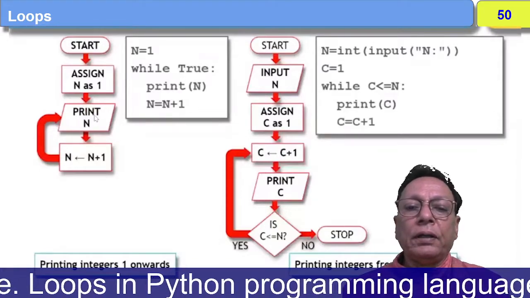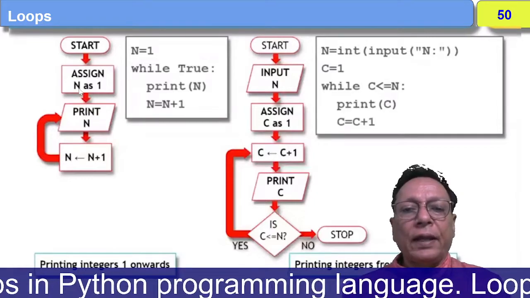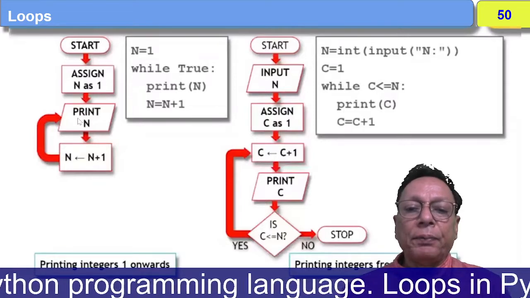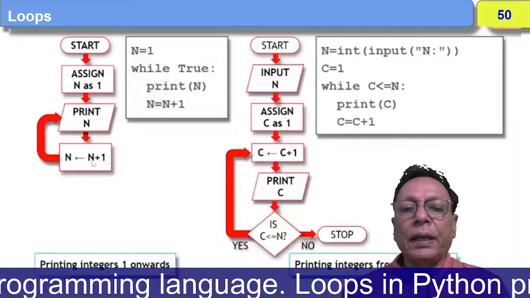And over here, if you say print n, so whatever the value of n holds is printed here, and after that n is updated by 1.